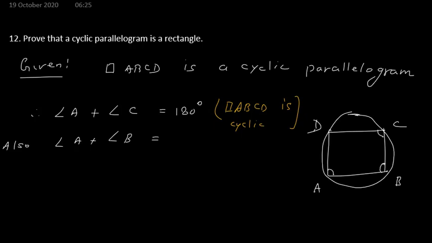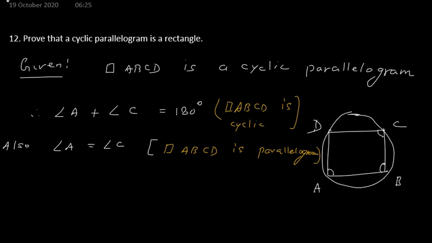Or instead of writing this, I will say that angle A is equal to angle C. What is the reason? Again, since ABCD is a parallelogram, opposite angles are equal, and in a cyclic quadrilateral opposite angles are supplementary.